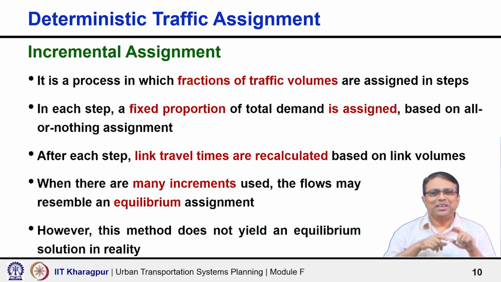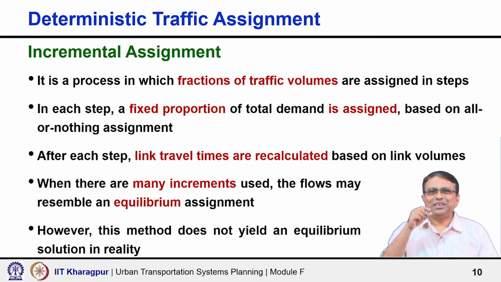But understand that here also, after every recalculation, before we load the next round of incremental loading on the network, we are still assigning as per the all or nothing assignment, but not the whole demand at a time.